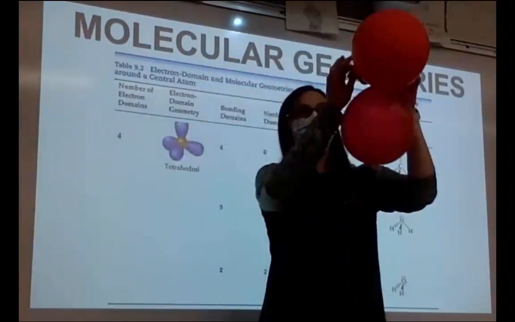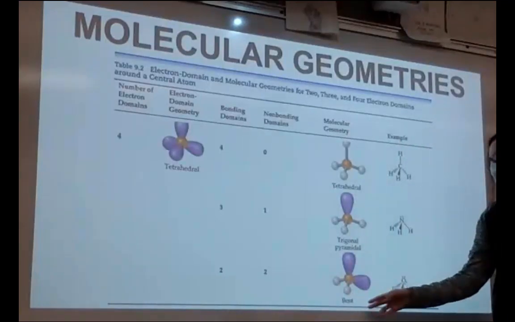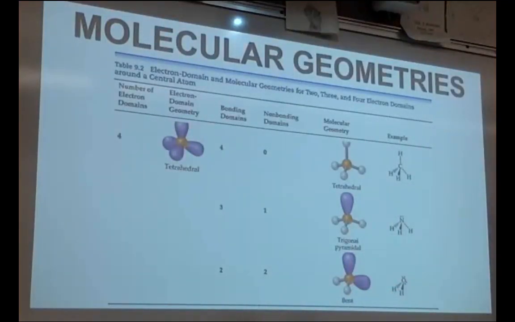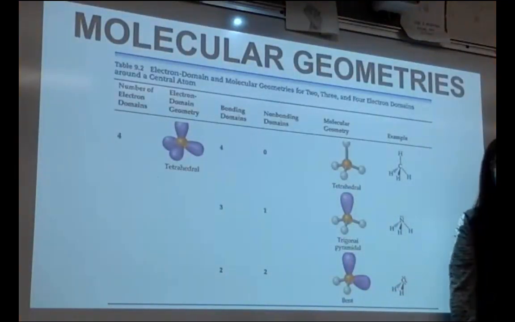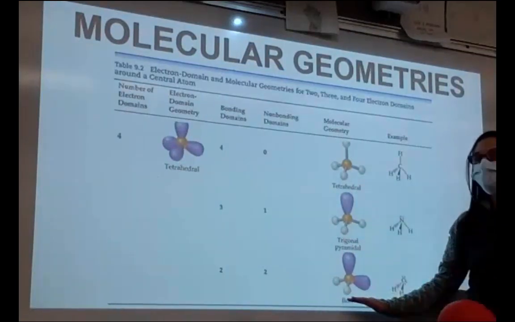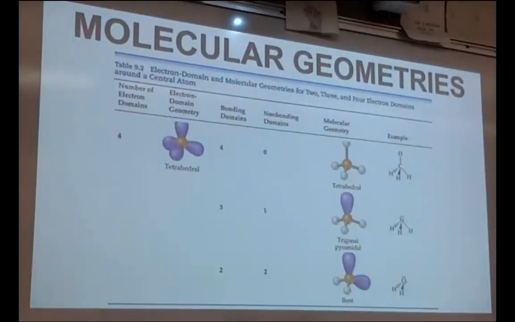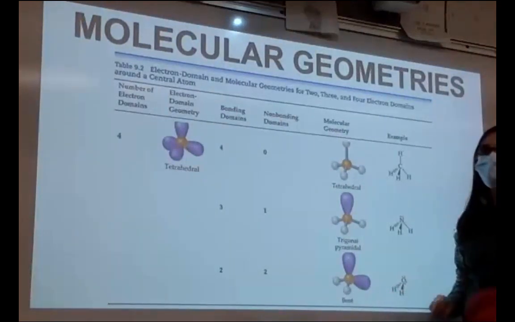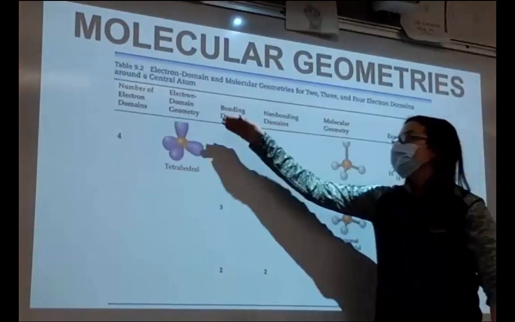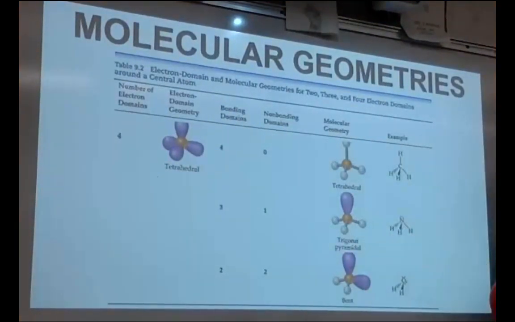Two atoms bonded, two lone pairs, results in the molecular geometry of bent. So again, this is bent. The 2-1 could be angular, but this is always bent. Water is bent. But again, the electron domain geometry is always going to be tetrahedral. There's always 4 areas of electrons around the central. The molecular geometry is where it starts to change.